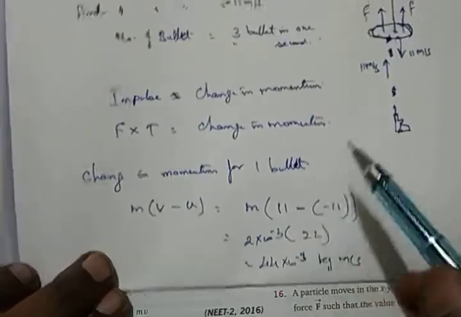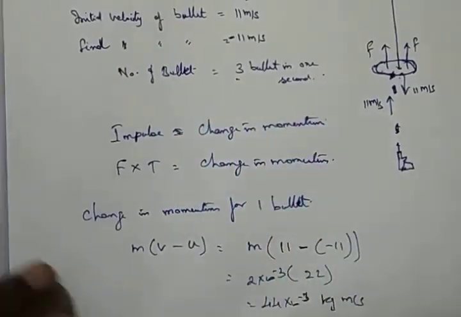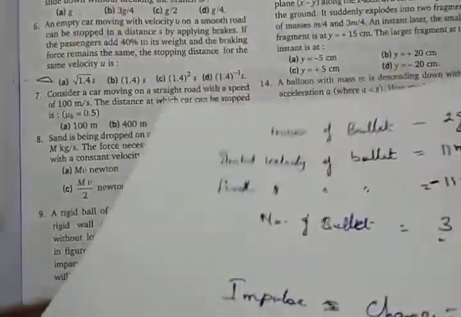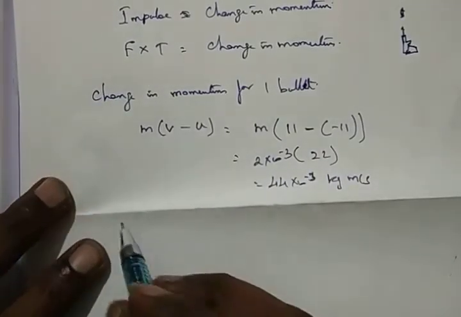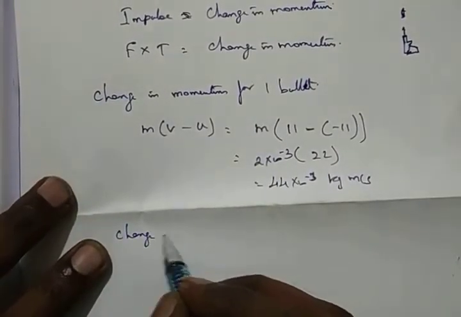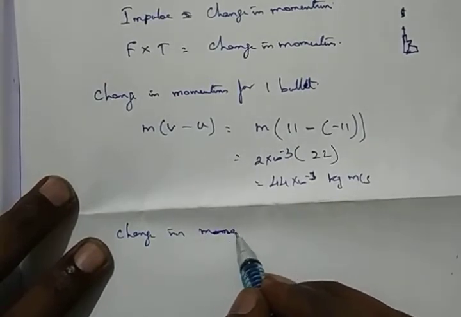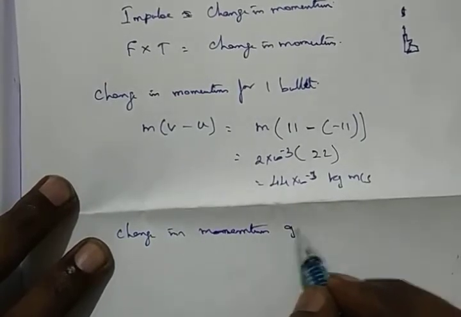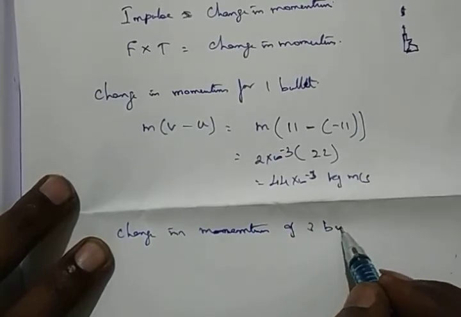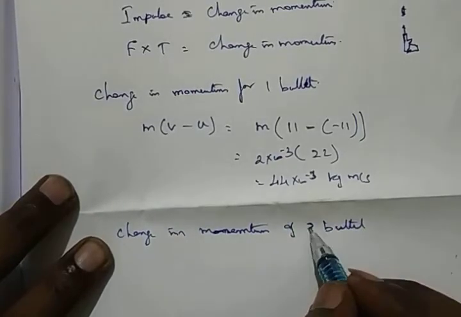Now how many bullets are going? The number of bullets is 3. So what is the next scenario we will be taking? The next scenario is the change in momentum of 3 bullets, or you can say due to 3 bullets.